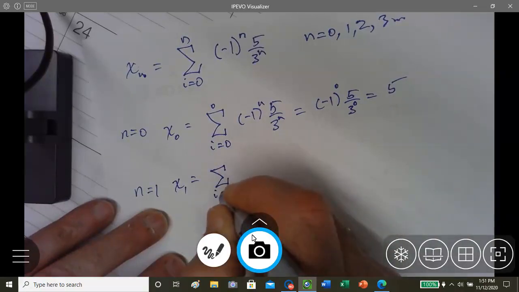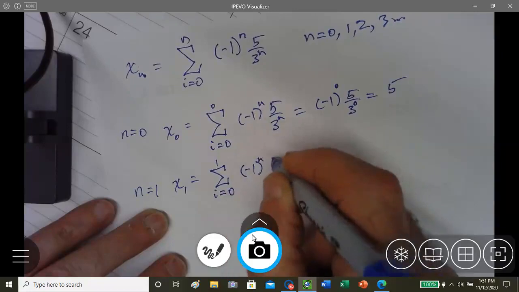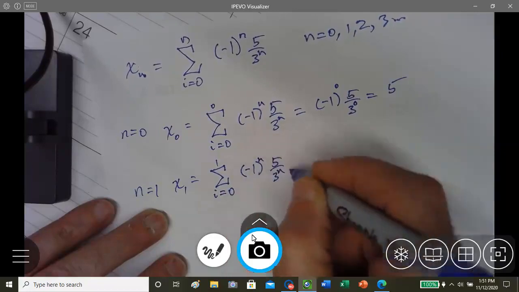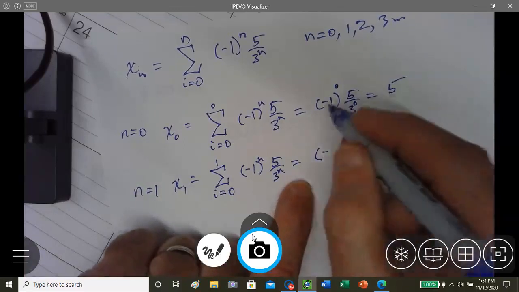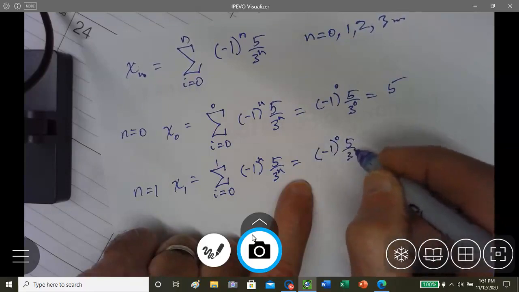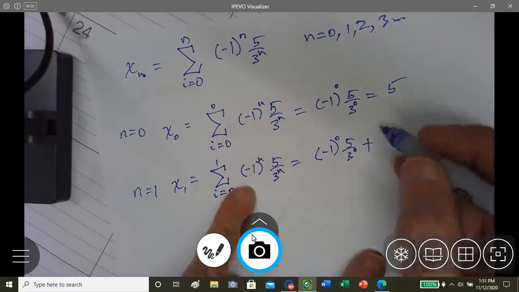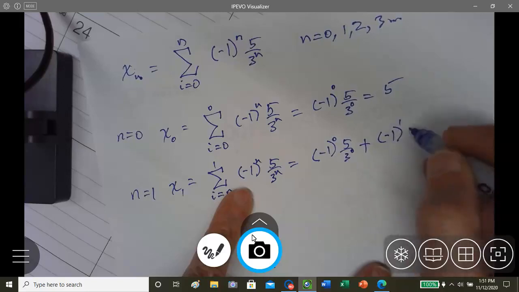So now we have i equals from 0 to 1, of negative 1 to the n, 5 over 3 to the n. So now we're doing negative 1 to the 0, 5 over 3 to the 0, plus negative 1 to the 1 times 5 over 3 to the 1.